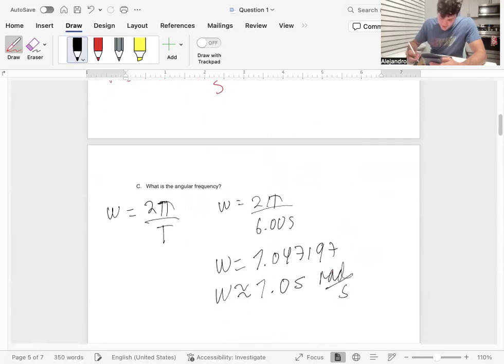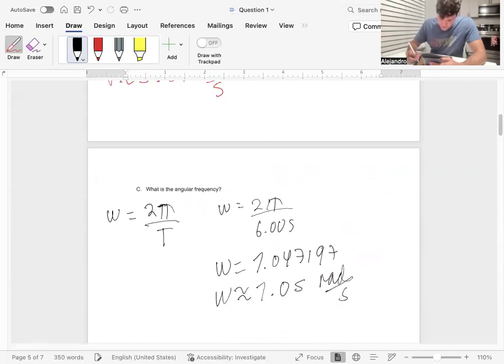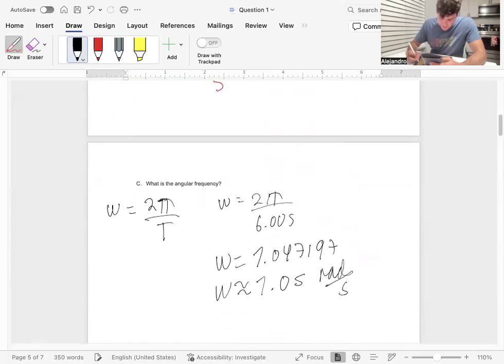Angular frequency, we're going to be using the same formula that we used before, 2 pi over period.